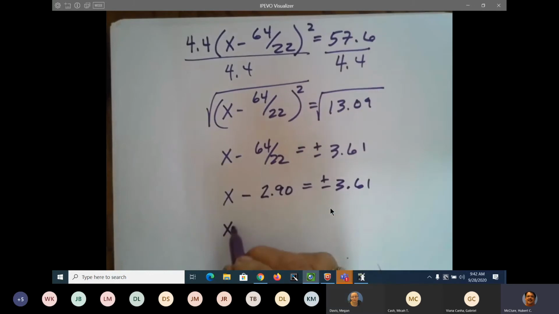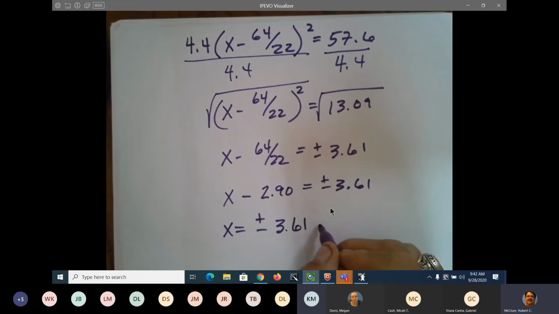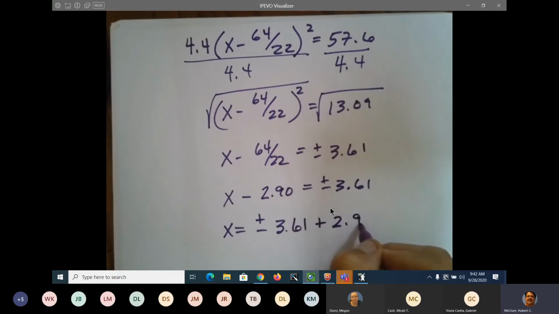And x is equal to positive or negative 3.61 plus 2.91. If you rounded it more, to the hundredths, it'd be 2.91. Thank you.